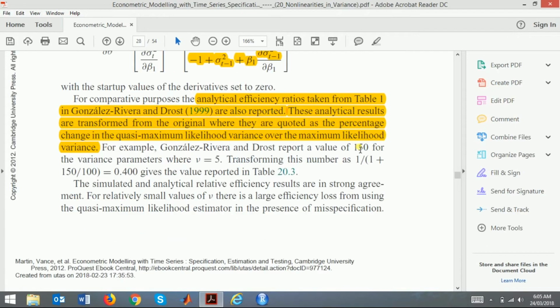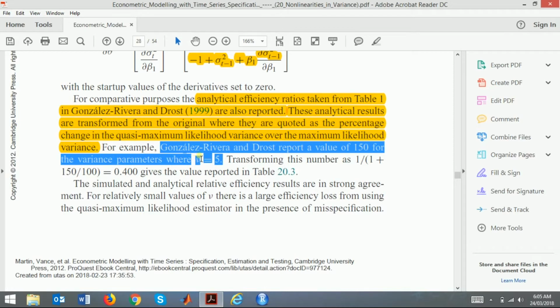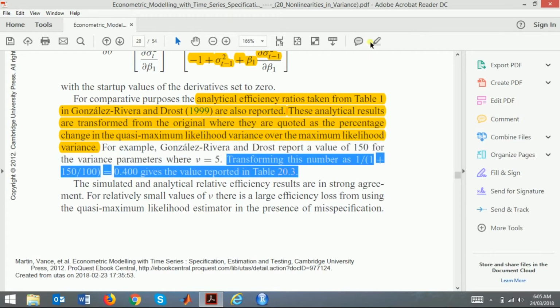For example, Gonzalez and Drost report a value of 150 for the variance parameter where tau equals 5. Transforming the number as 0.4 gives the value reported in the table.